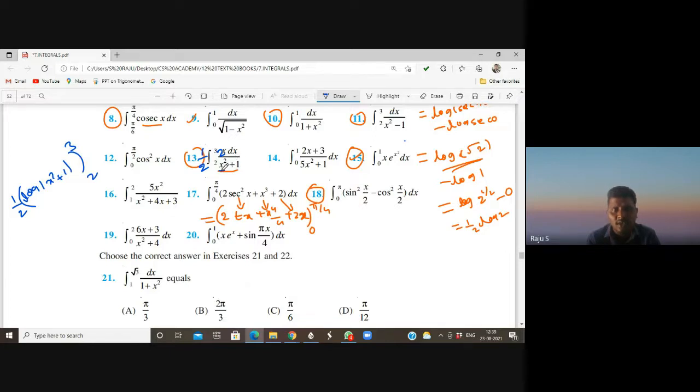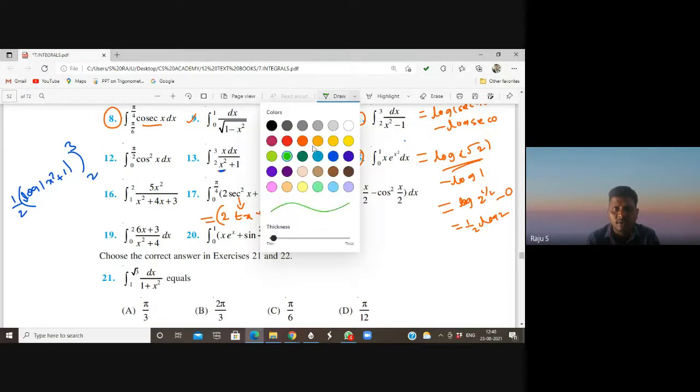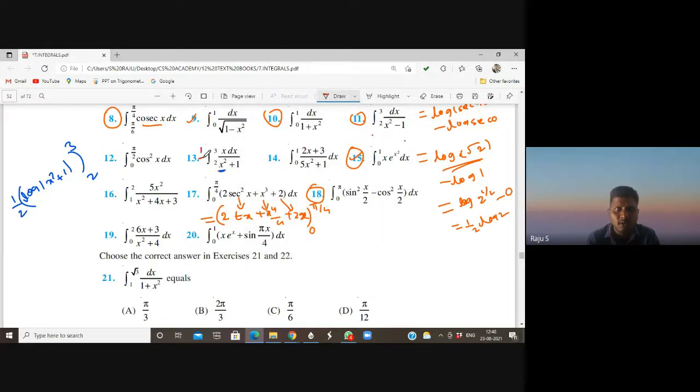Once again, x square derivative is 2x, 1 derivative is 0. In the numerator we have just x. We require 2x, so multiply and divide with 2 here. So the derivative of the denominator is in the numerator, so it can be written as 1 by 2 log mod denominator.